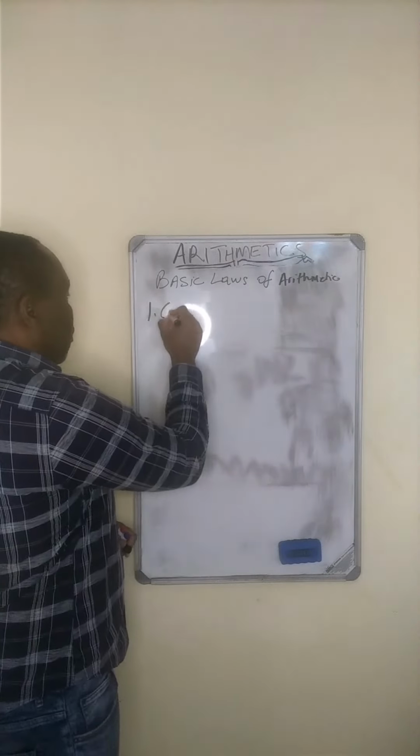But it's still the same numbers, still the same operation. Plus, plus, plus, plus. So we want to see if we will get what we want. Okay, let's go. So it's 3 plus 4 plus 5 is a 9, and 3 plus 9 is a 12.